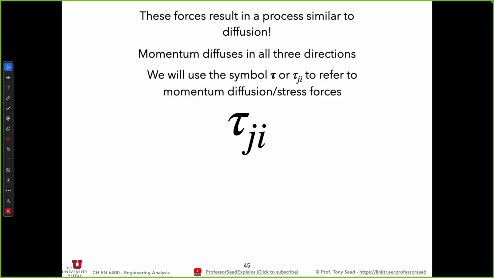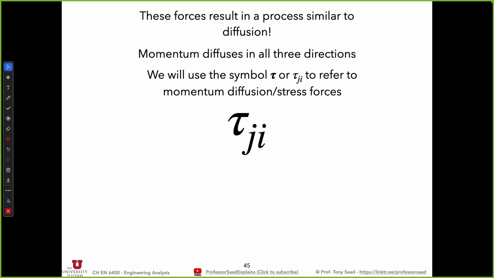So my convention here is that i is the component of momentum being diffused, because eventually I'm going to write my equations as d rho ui by dt. I'm diffusing component rho ui. So in my nomenclature for diffusion, I always want the symbol i to designate which component of momentum I'm diffusing.